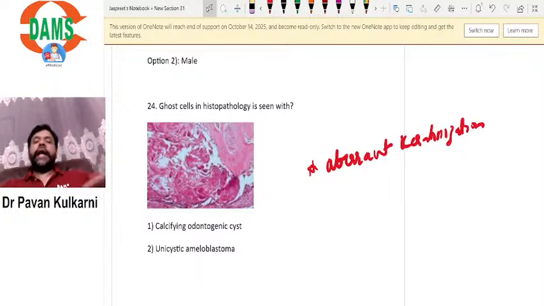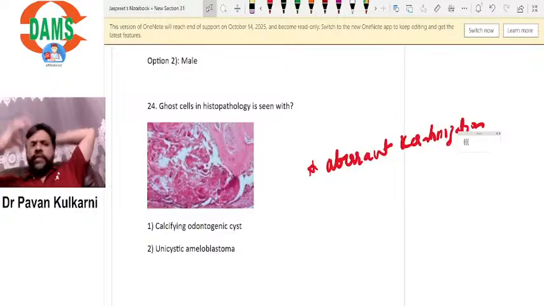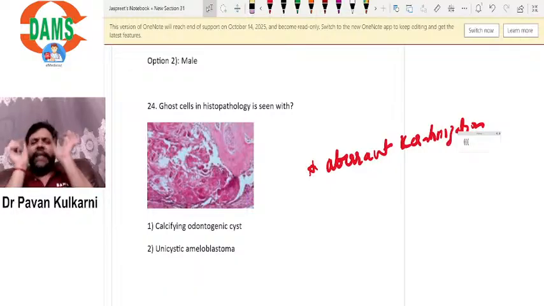So ghost cells are nothing but epithelial cells which have abnormal keratinization. They have a very faint nucleus. That is why they are called ghost cells. Normally you see a blue colored nucleus, right? However, in these ghost cells, you are going to see a cell with eosinophilic cytoplasm, but the nucleus is blue and very faint, light blue and very faint. That is why it is called ghost cells.